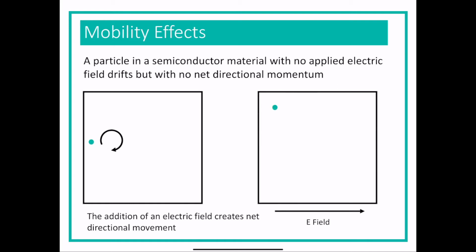If we apply an electric field, then we still get that random motion, but it has a directionality to it. The charges aren't just moving like this. They're all kind of doing this, but if you apply an electric field, they do this in a direction that actually makes sense. I'm getting close here.